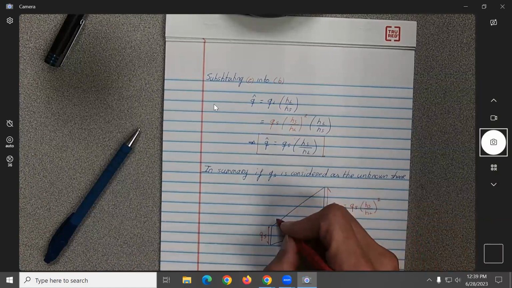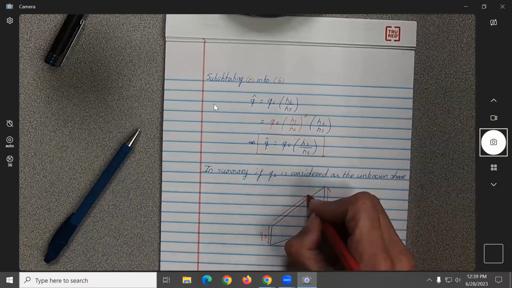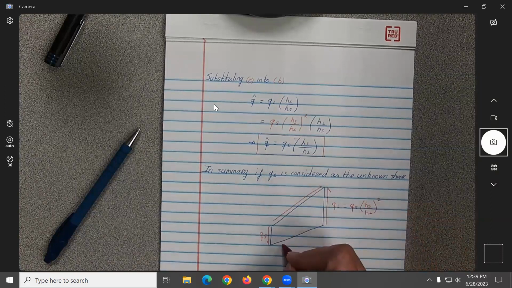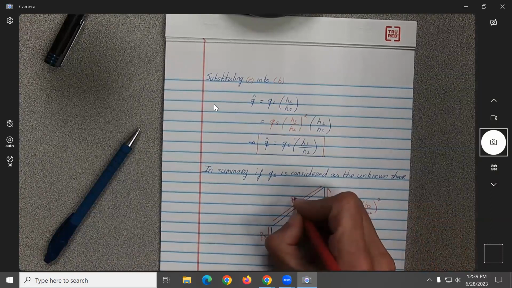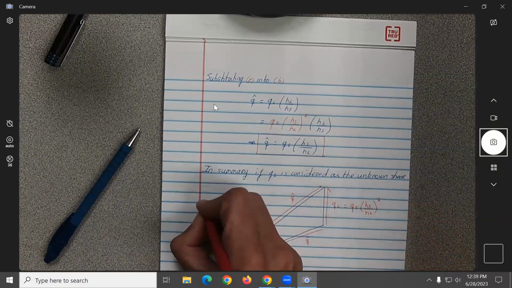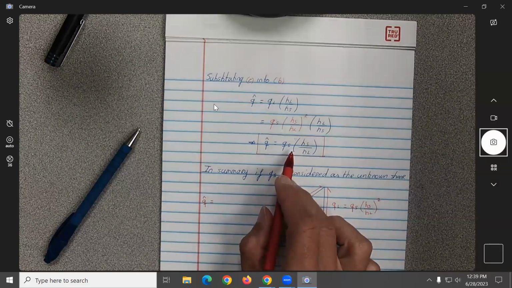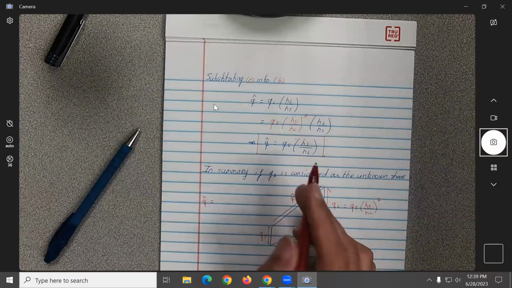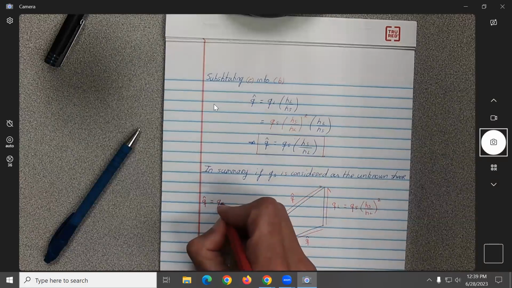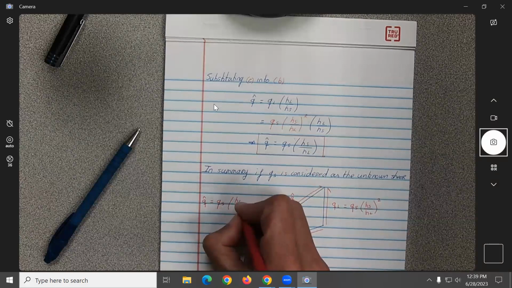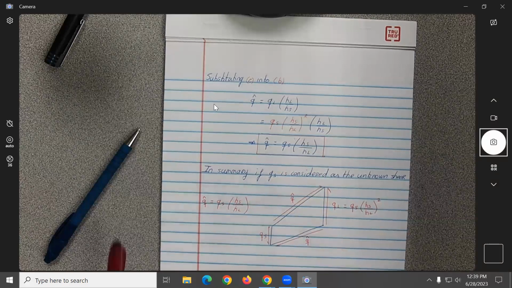And then this one at the top, and over here, is equal to Q hat. And the Q hat was equal to what? We have it right here, no? This expression here is equal to Q short H sub S over H sub L.